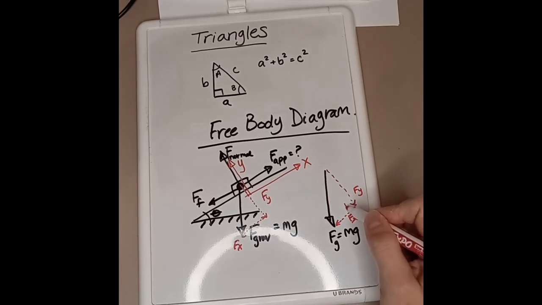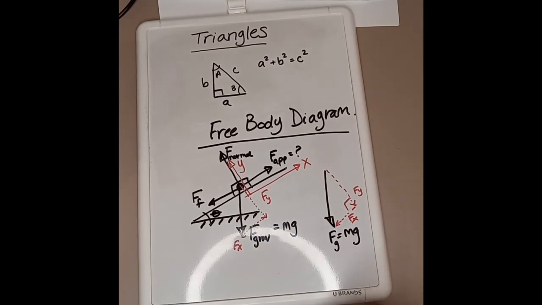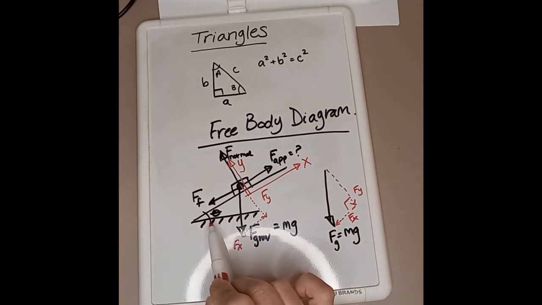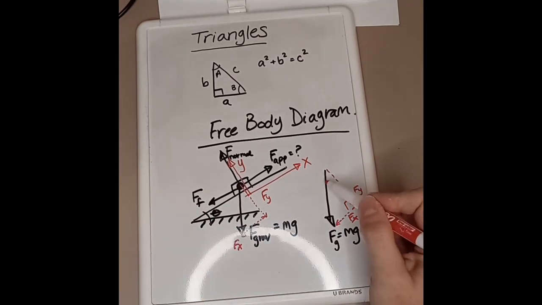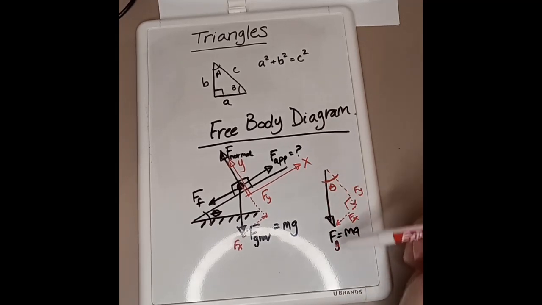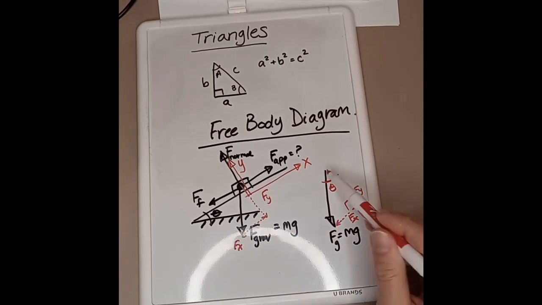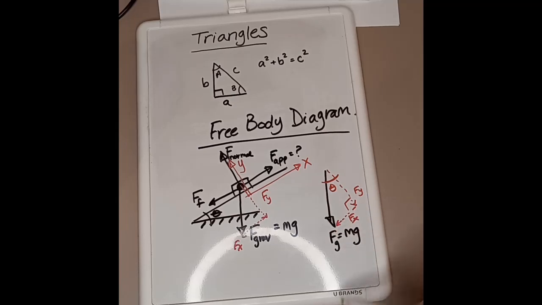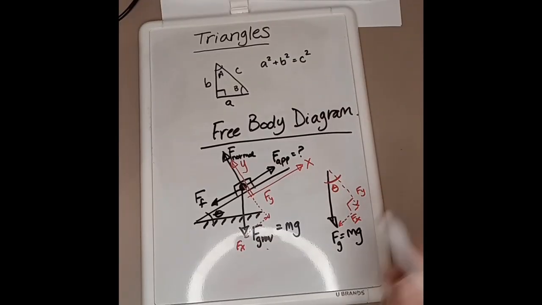Here's our 90-degree angle, and in our diagram, we have our angle theta here. So in our free body diagram, this angle up here is also theta. In this triangle, our gravitational force would be our hypotenuse, Fy would be one side of the triangle, and Fx would be the other side.